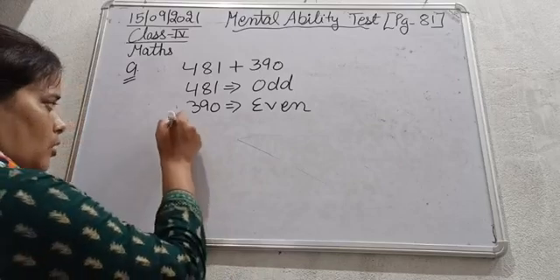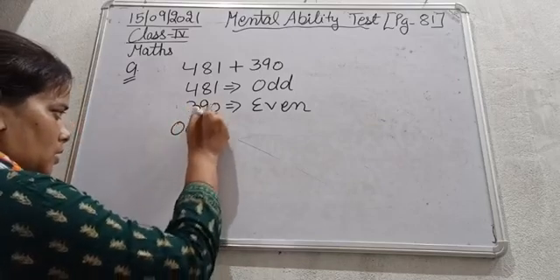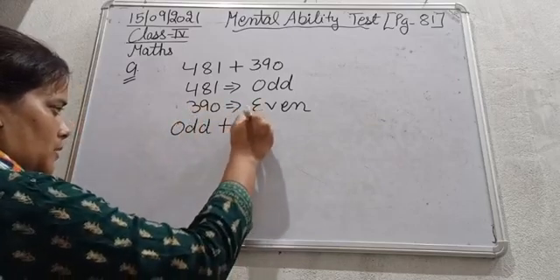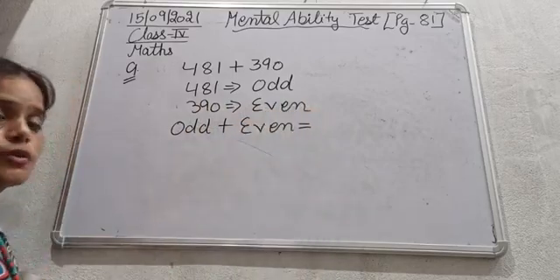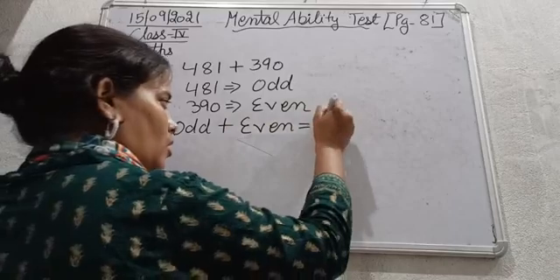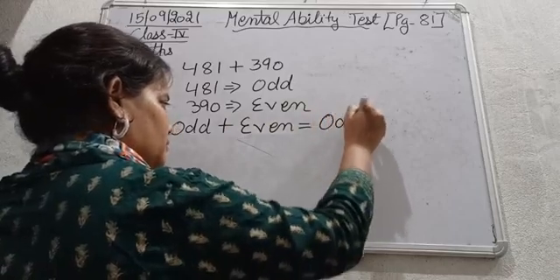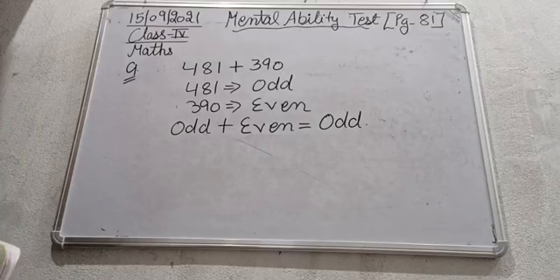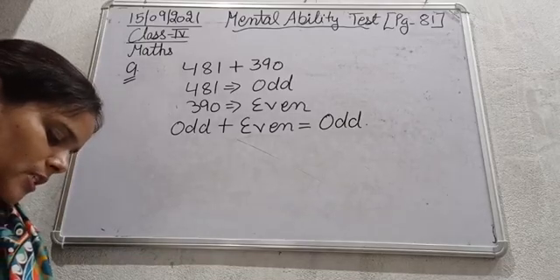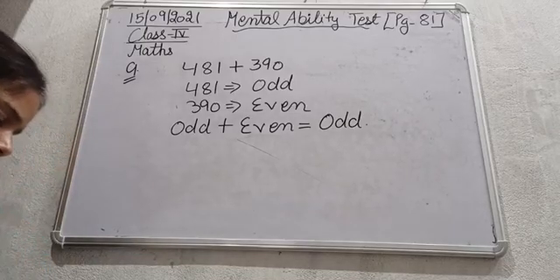So when we add an odd number and an even number, our sum will be odd only. So the sum will be odd.